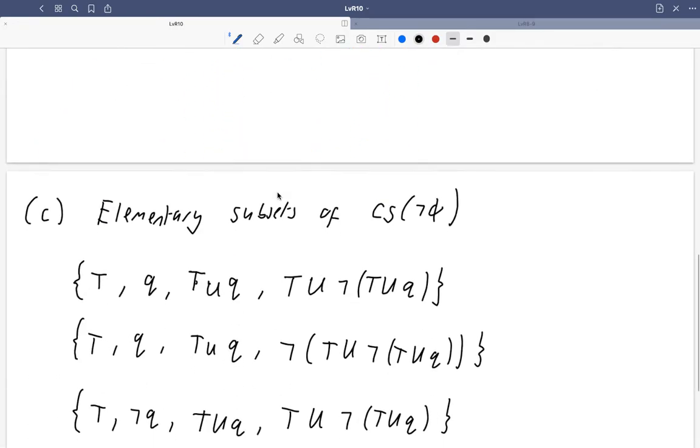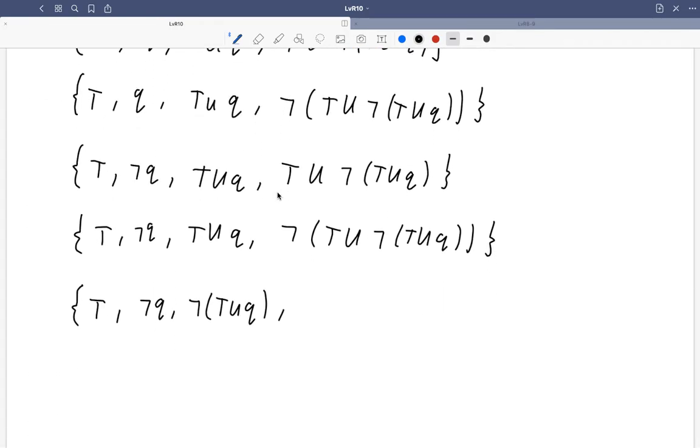So we're forced to put in here true until the negation of true until Q. So we can't put the negation of this formula in.